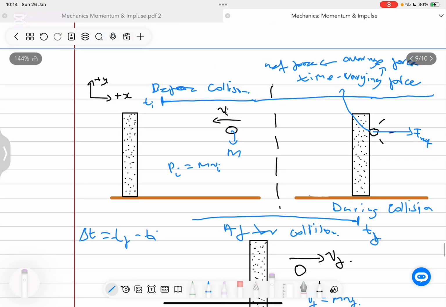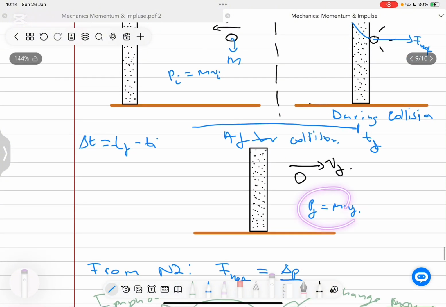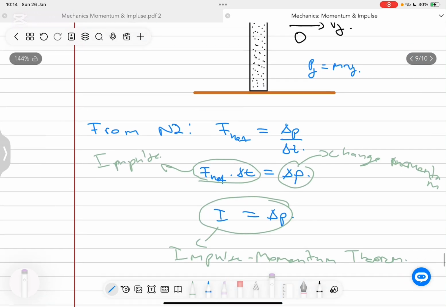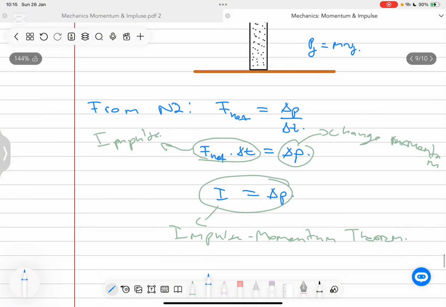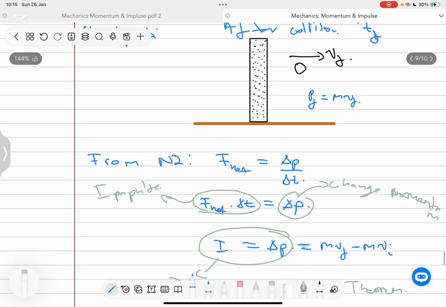But we are also saying here, according to this theorem, that if I take the initial momentum and the final momentum and subtract the initial momentum from the final momentum, in other words, I find the difference between the two, I can expand this equation. I say the final momentum, which is mv final, minus the initial momentum.